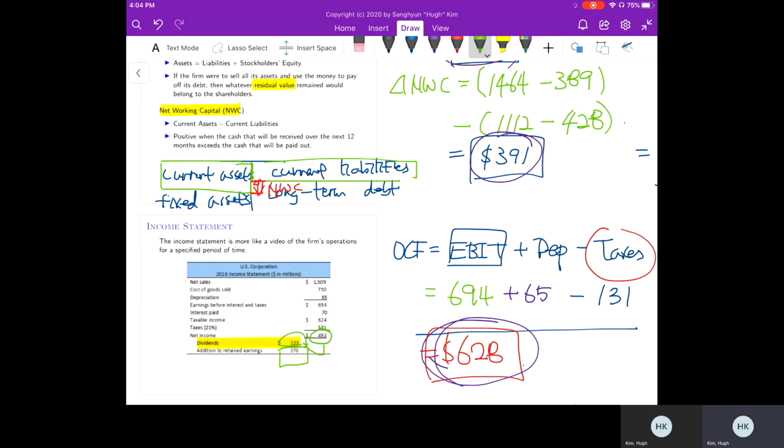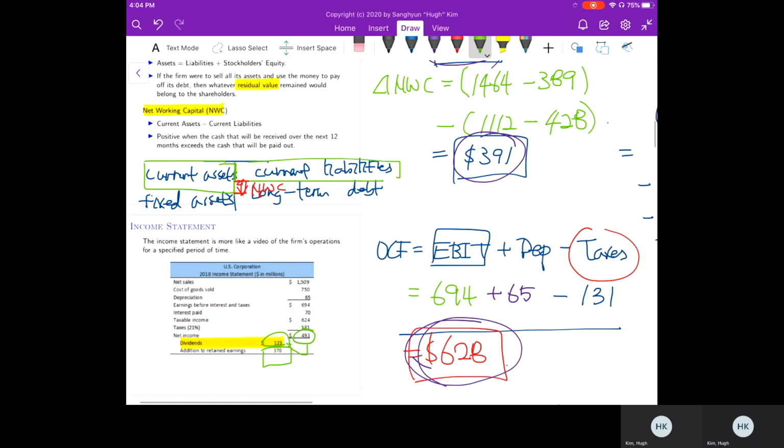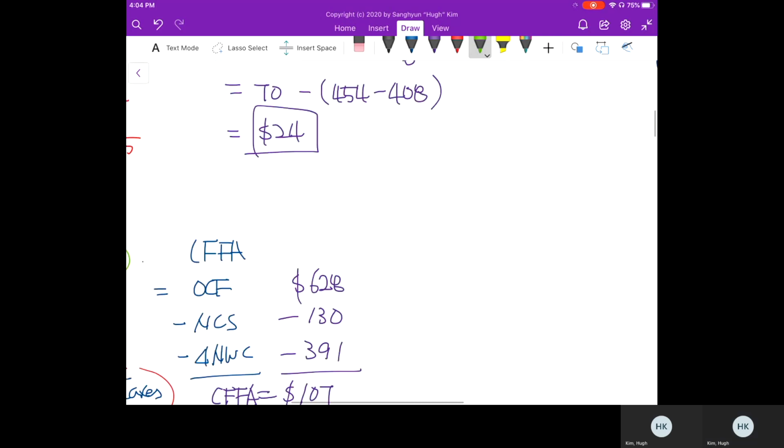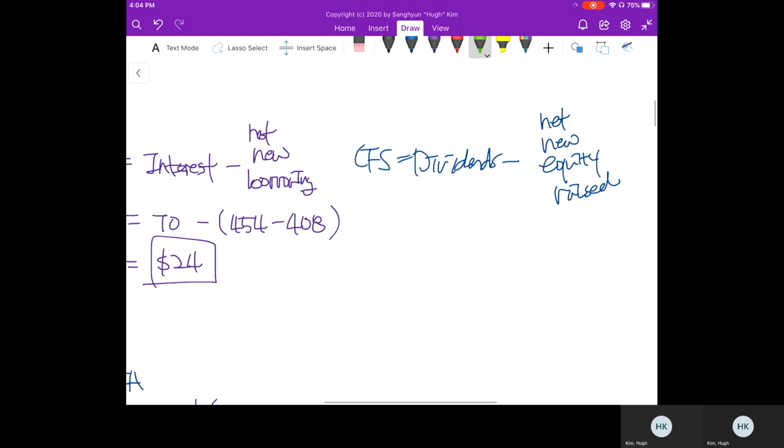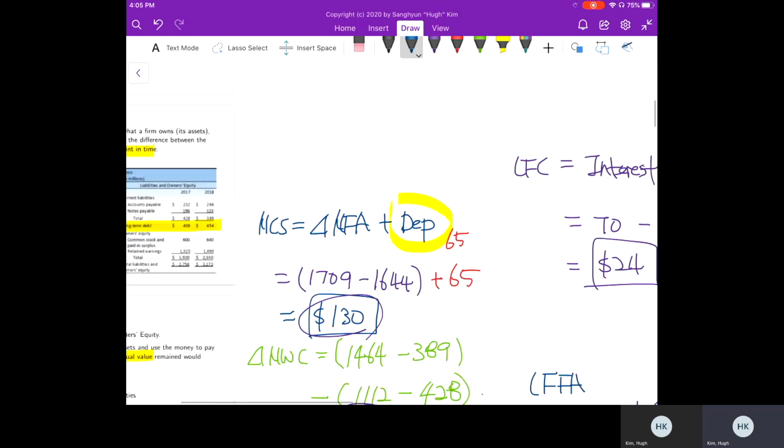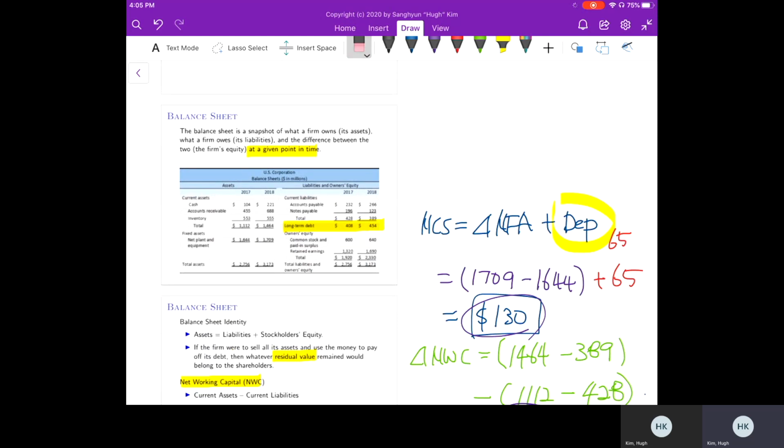So dividends is 123. Net new equity raised can be found on the balance sheet, in the common stock and paid in surplus item.